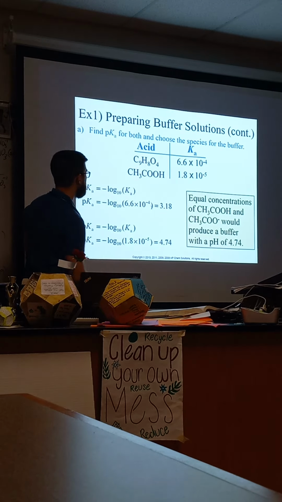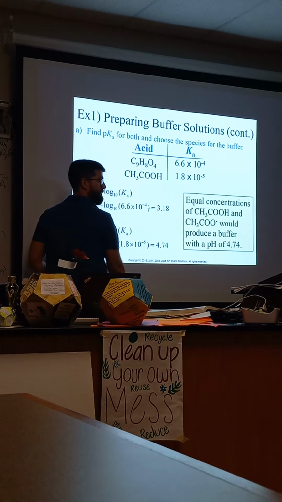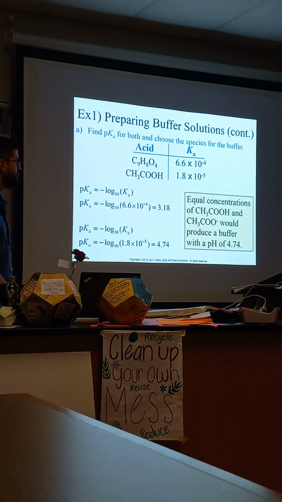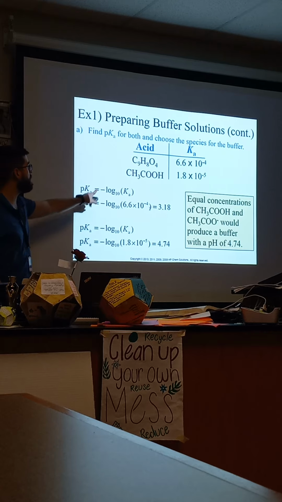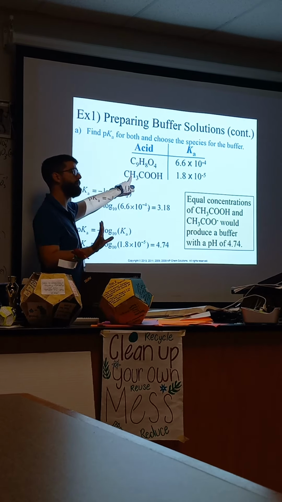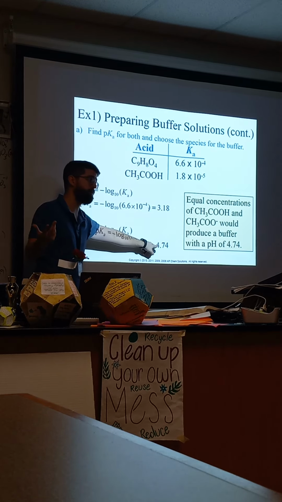So we'll convert both of these into pKa and notice we get 3.18 and 4.74. Which of these two numbers is closer to 4.8? 4.74. So that means CH3COOH is going to be the buffer we pick because it has the closest value.